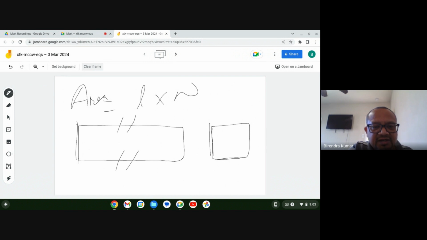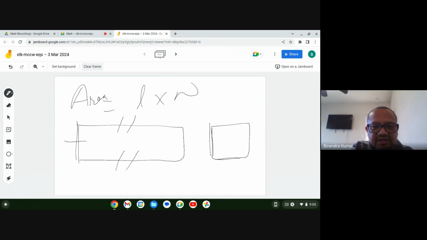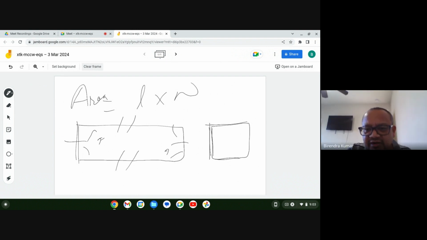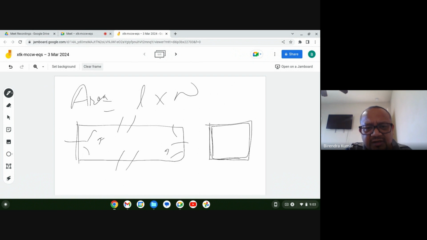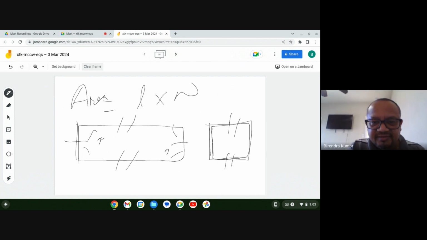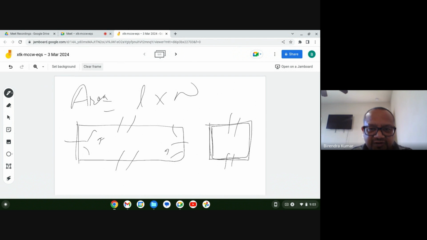Opposite sides are equal and parallel. This is equal to this, and all the angles are 90 degrees. Similarly, if you look at the square, does it have all the properties of a rectangle? Yes, it has, because the opposite sides are the same. All the sides are the same, so opposites are the same by default.